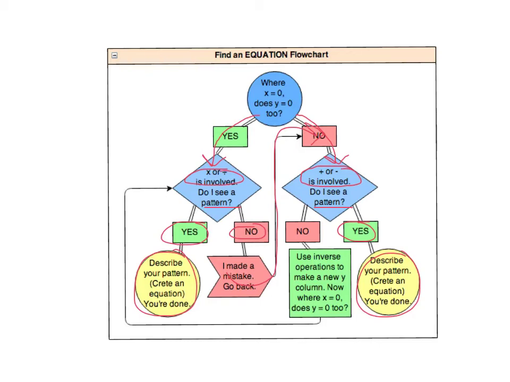If I've done the addition or subtraction and I don't see a pattern, then I need to use those inverse operations to make a new y column, and then I'm going to look to see if I have a pattern. And then I can follow over here again.